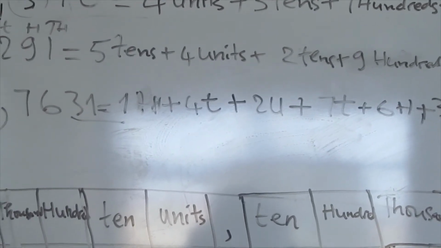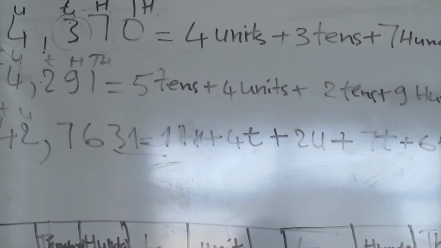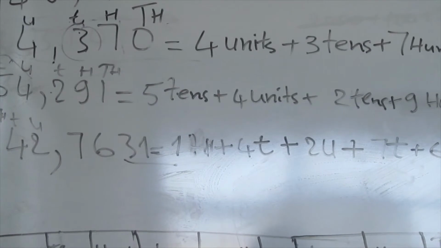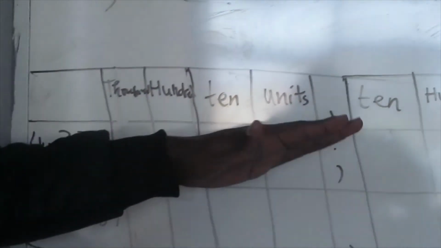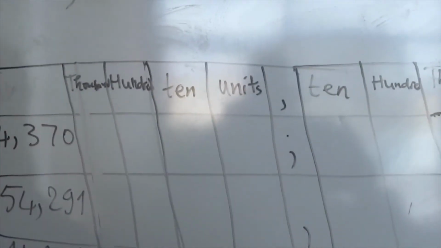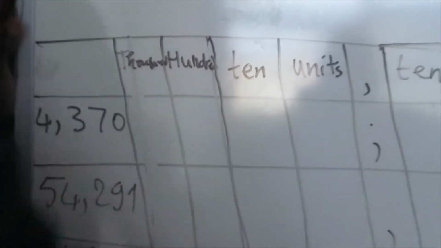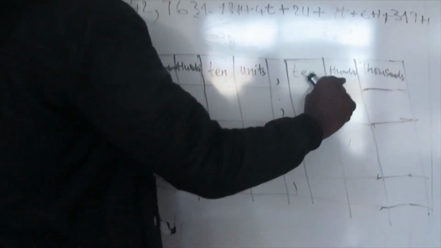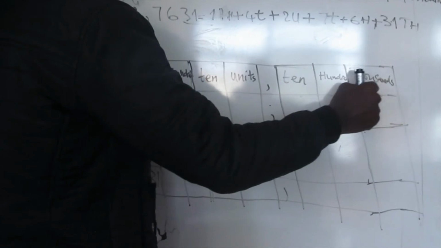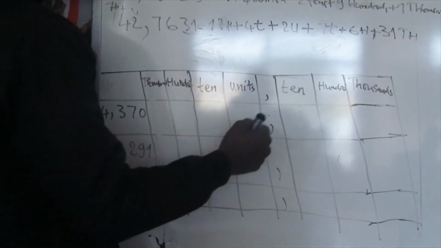Another method is to place the number in a table. The table is very easy and clear. In the middle we first have the comma. All your commas are on the same line. After the comma you have tens, then 100 and 1,000.